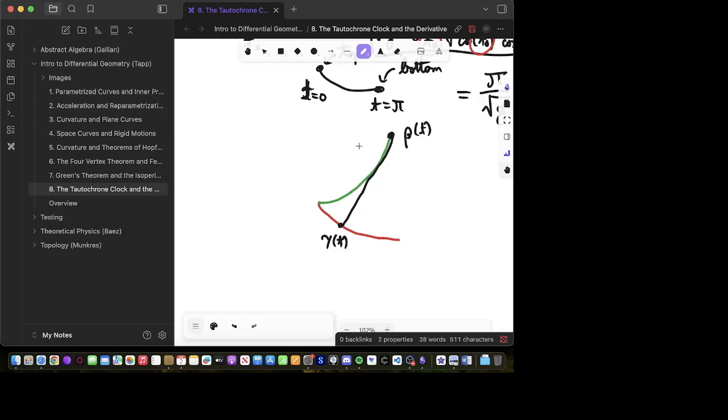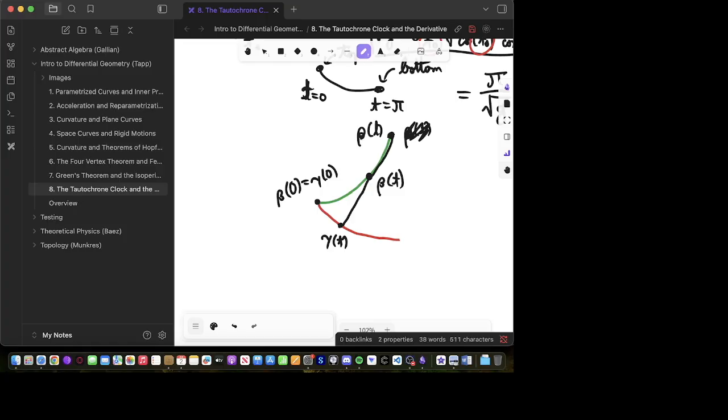So we'll call this point beta of L, and we'll call this point beta of t, and we'll call this point beta of 0, which is equal to gamma of 0.